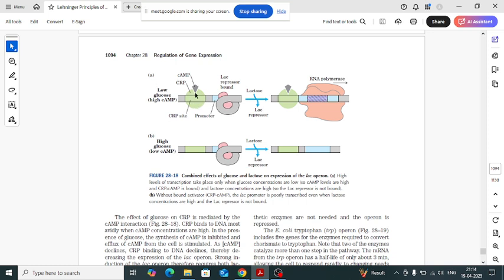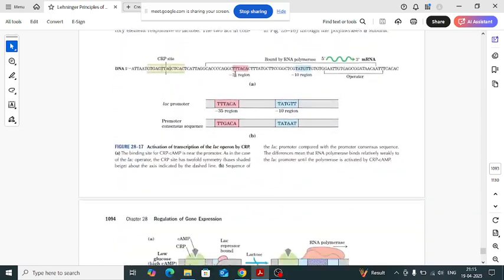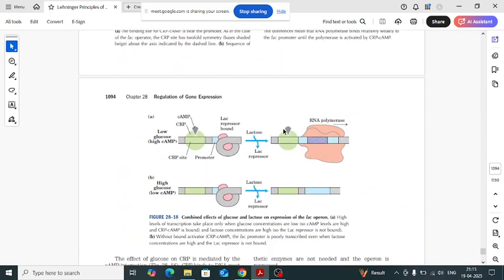And along with that, when the glucose level is low, CRP is bound with the cyclic AMP, and when lactose is provided, as we saw, lactose will bind to the lac repressor and ensure the dissociation of the lac repressor from the operator region, right? So now RNA polymerase can sit here because the lac repressor is not bound here.